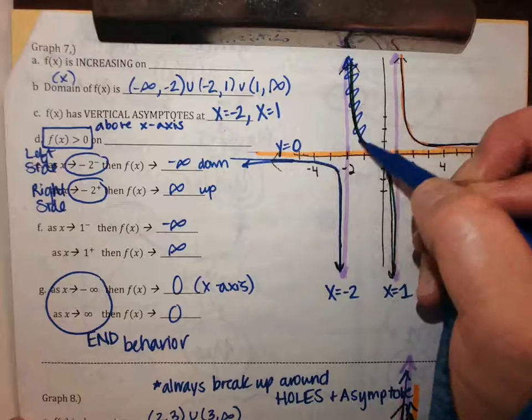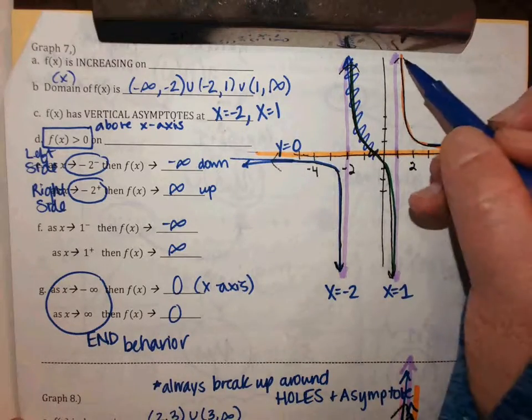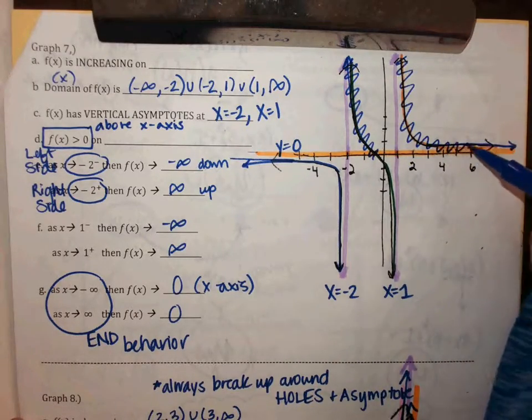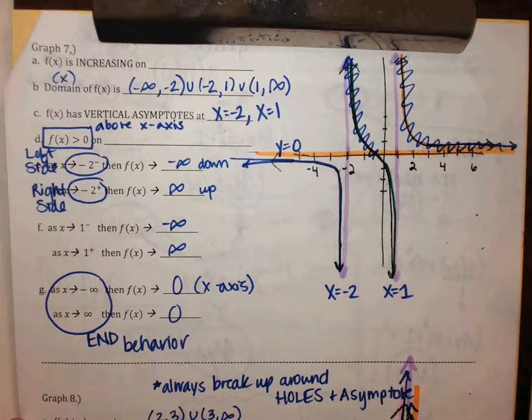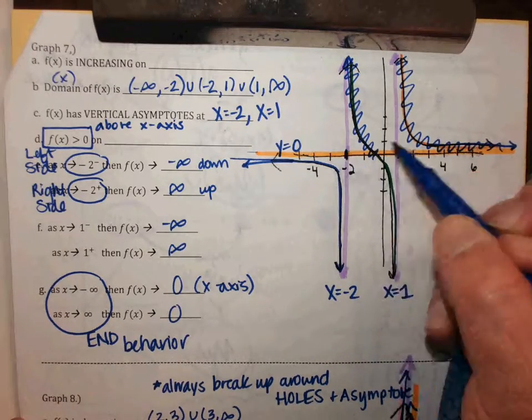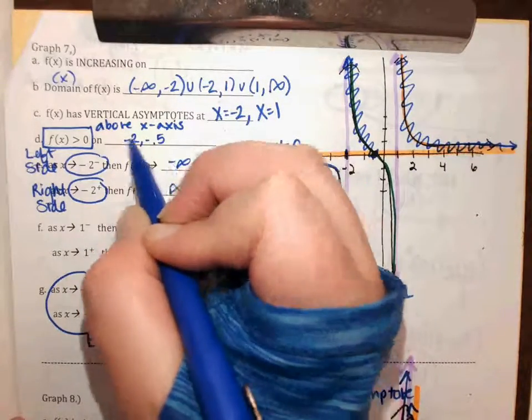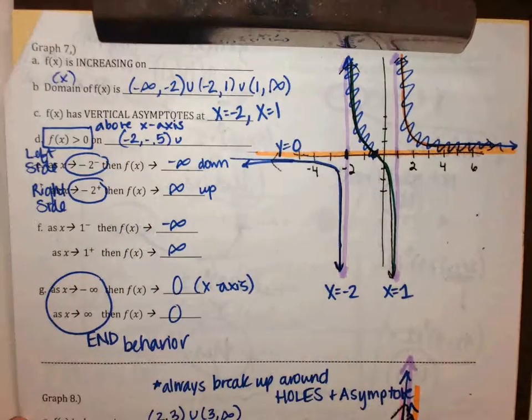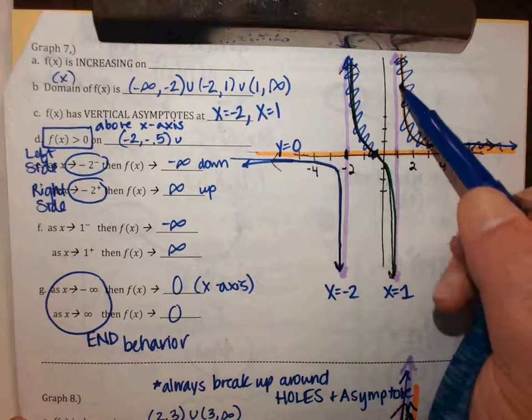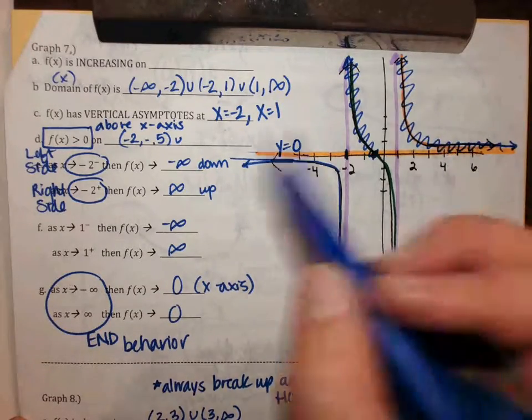That side. And then where is it above on orange? The whole thing. So if I want to be above, I'd say from negative 2 until a half, union, and then I'd say from 1 until infinity.